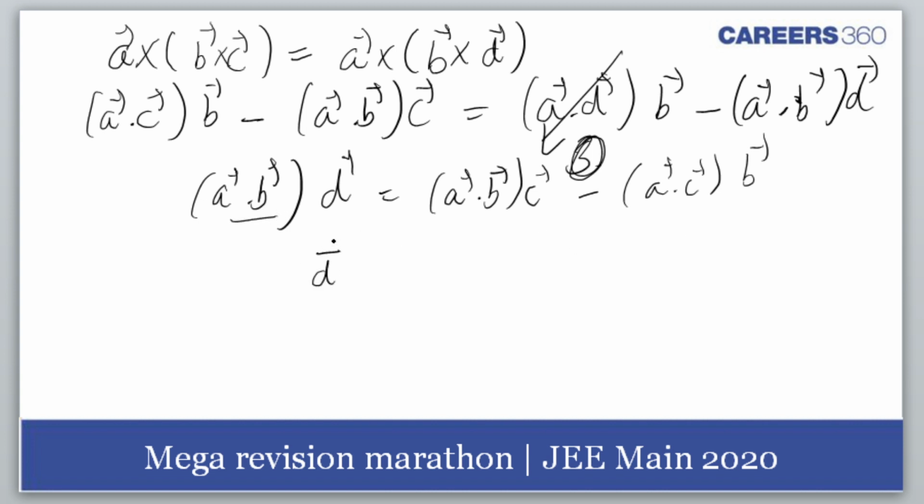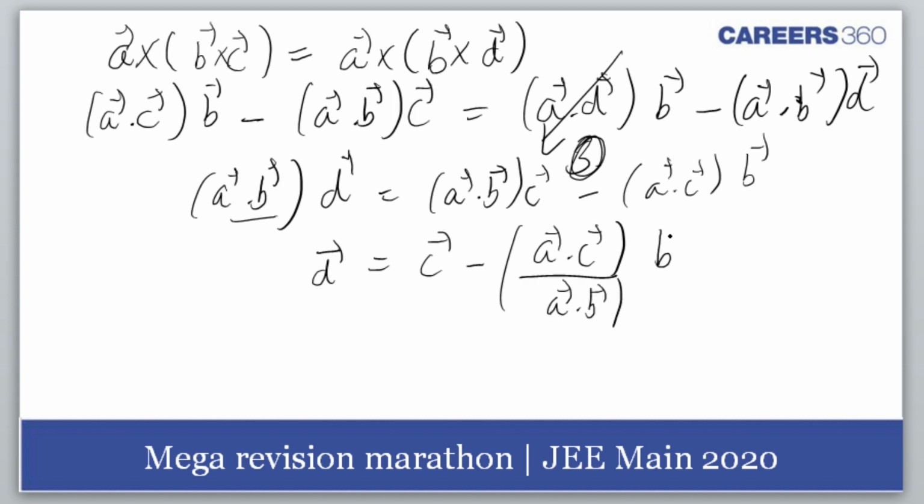So what do I get? D, A dot B cancel. So I get C minus A dot C upon A dot B, into B. So which is this choice? Chinmaya, this is choice B, I think. Yes, as you all said.